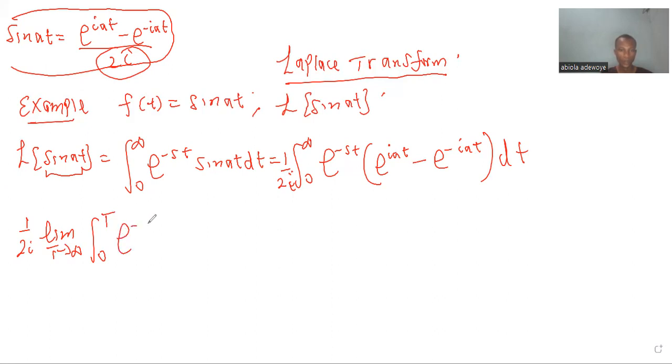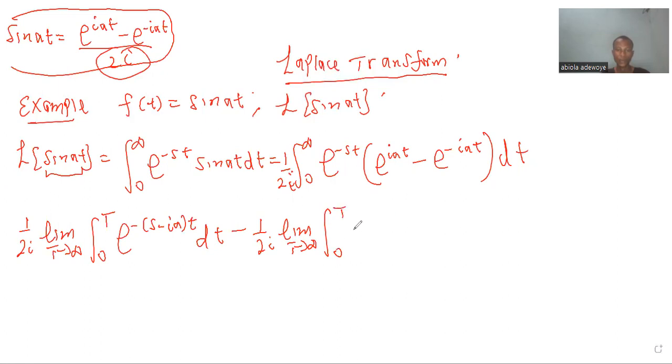Exponential minus (s minus ia) t, dt. Plus, we have minus here, minus 1 over 2i, limit as t tends to infinity, integral from 0 to t.